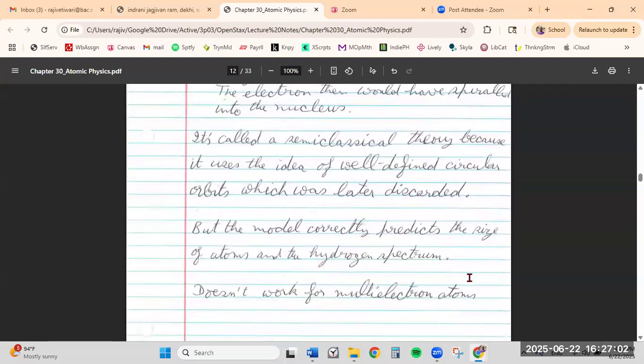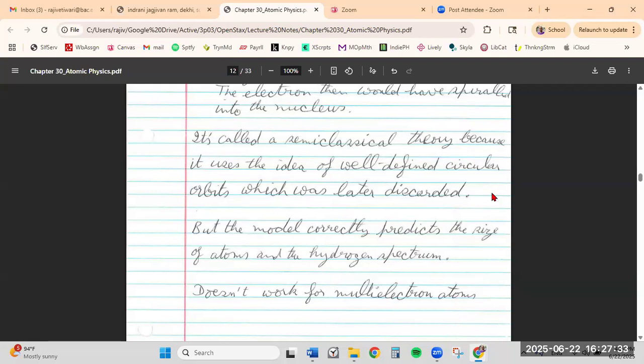Bohr's model of the atom is called a semi-classical theory because even though it uses some ideas of quantum physics, it assumes that the circular orbits of the electrons are well defined, with fixed radii and so forth. But this idea of fixed radii in the orbits was later discarded.